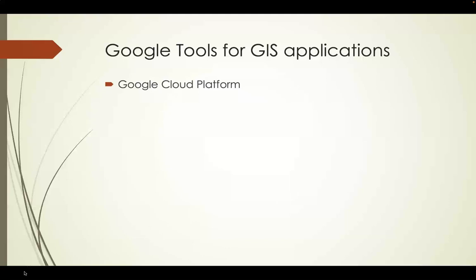But Google also has some other tools that, to my knowledge, are unique, or at least far superior to what other companies offer, and they all work together, so I've become a fan of Google products for geospatial applications, and that's why I developed this course.